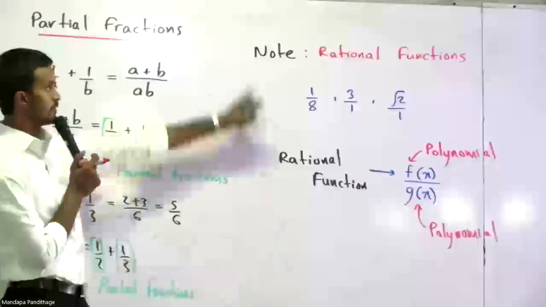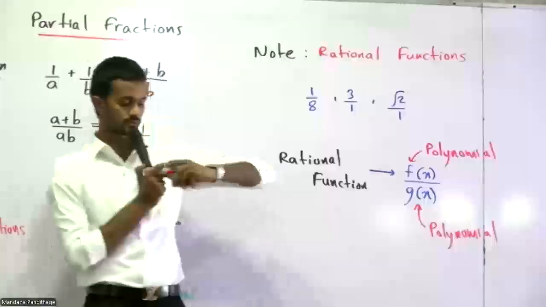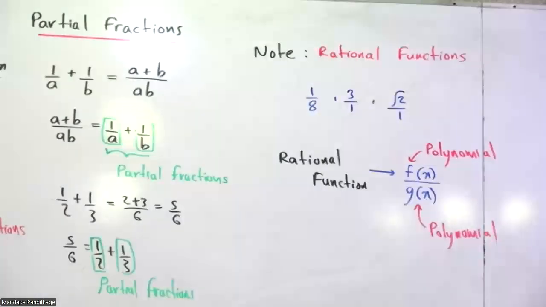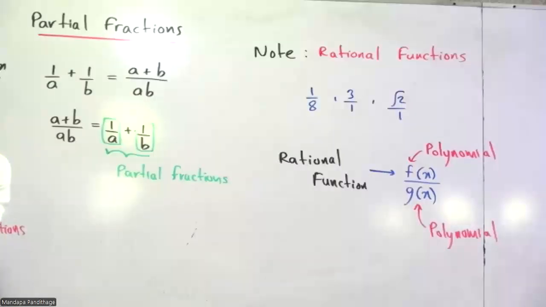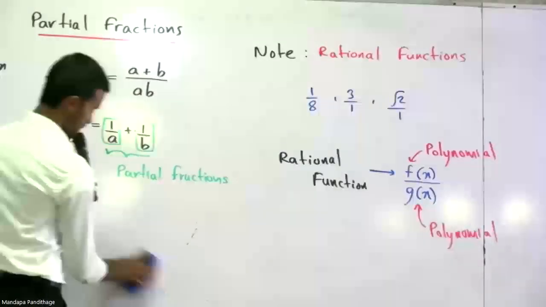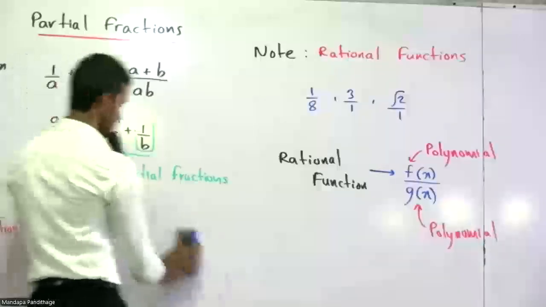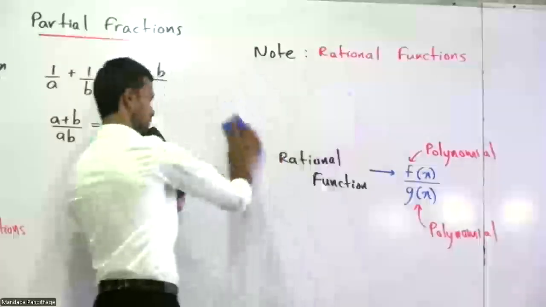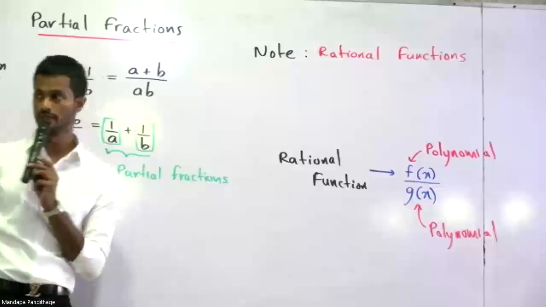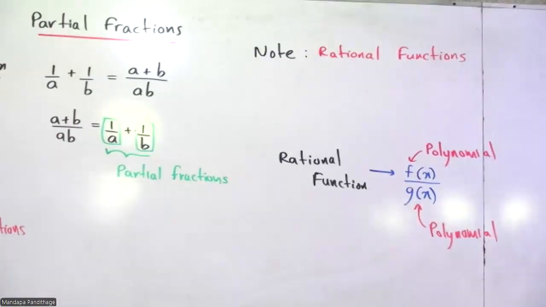That's why I gave it. Okay, write this note: rational functions. The ratio of two polynomials is considered as a rational function.